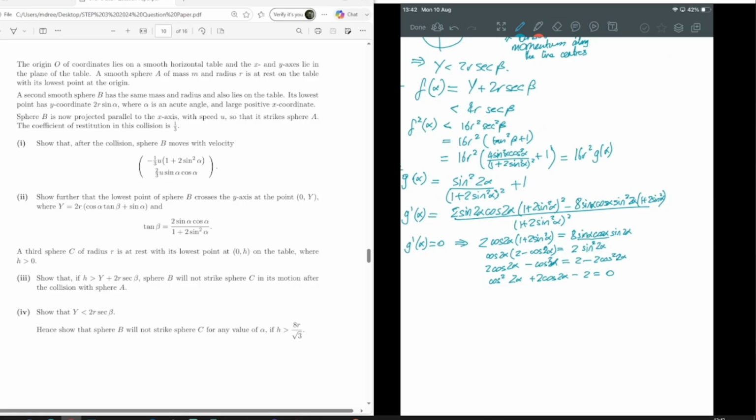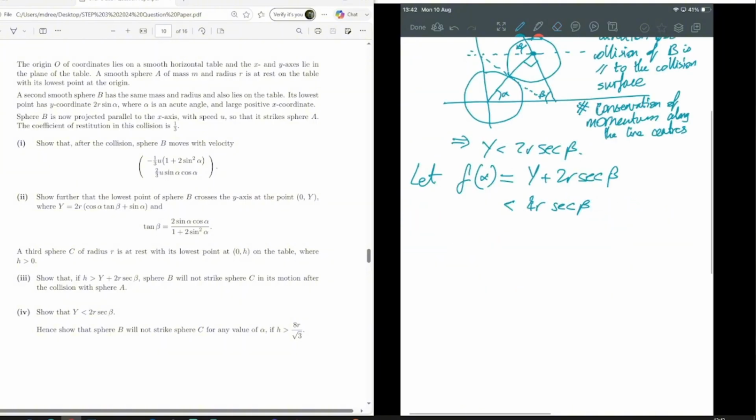Because this doesn't have a nice solution at all. I think there's some things we could have done to make this a lot less. So we seek to maximize this sec beta, which is equivalent, because sec squared equals tan squared plus 1, to maximizing just tan beta.